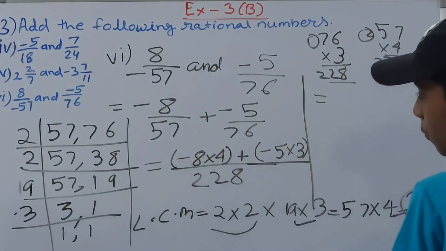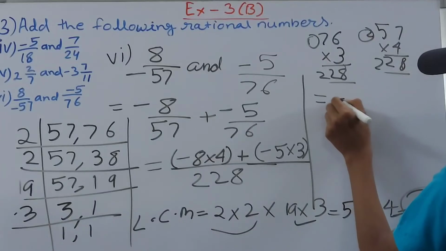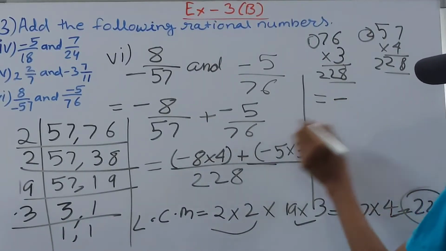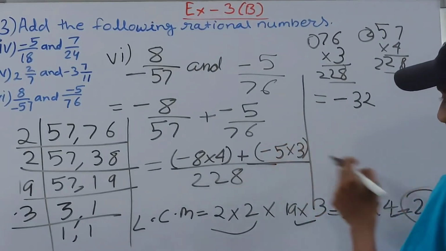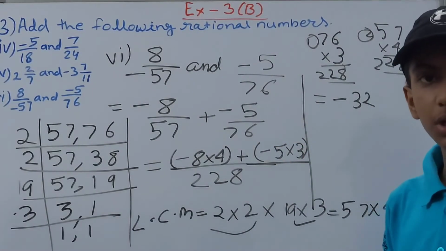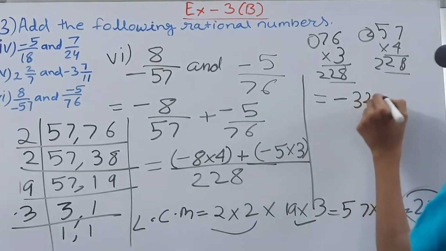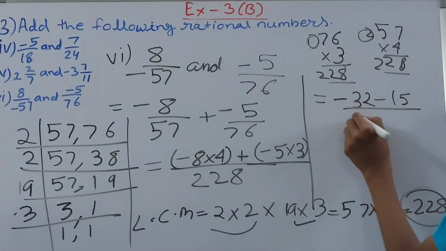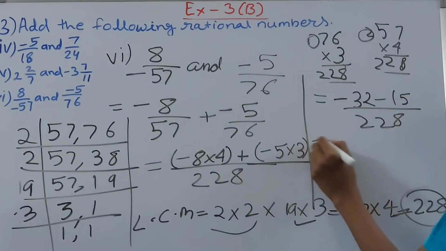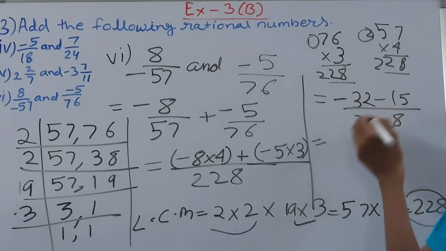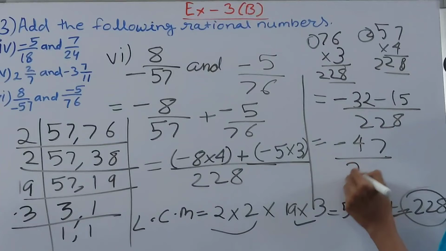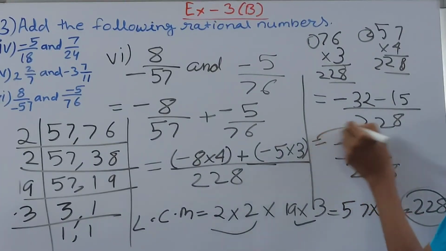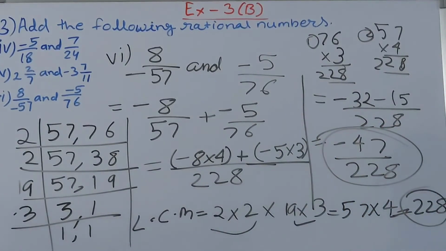Minus 8 into 4 will be minus, I'll open the brackets here only, right? So minus 32, and 5 into 3 is 15, and minus sign is minus 15, so plus and minus is minus, so minus 32 and minus 15 upon 228, right? So add them now. 32 and 15 will be 47, and minus sign, minus 47 upon 228, right? This becomes the answer.